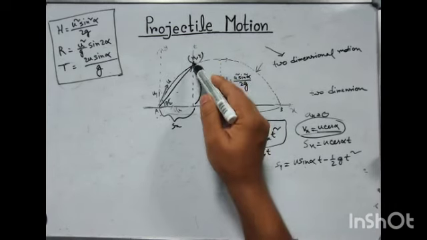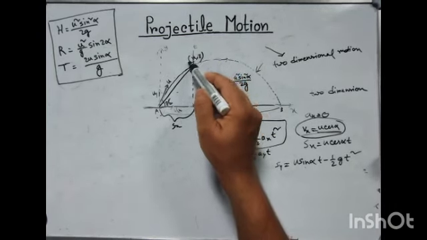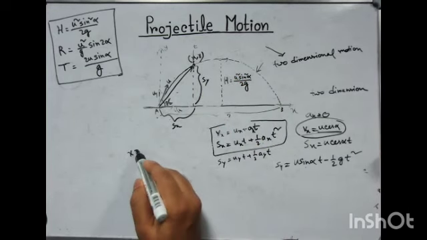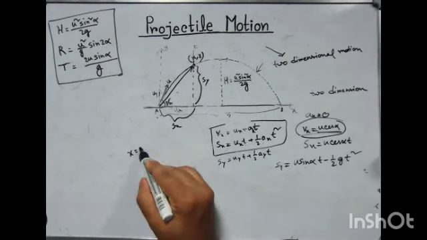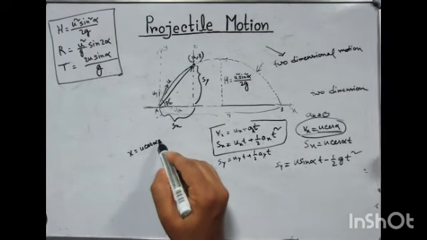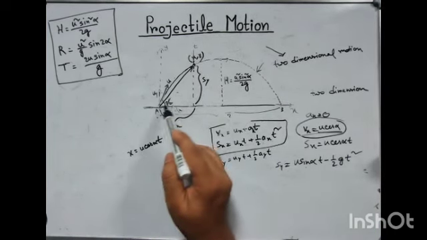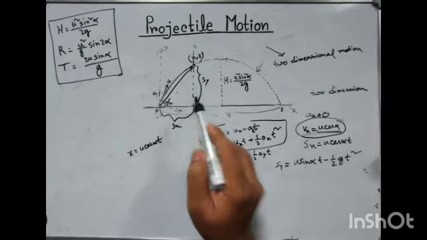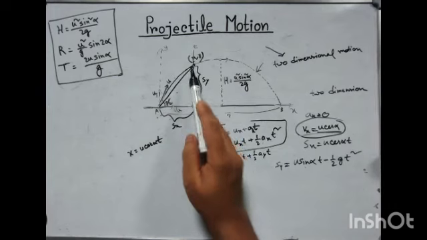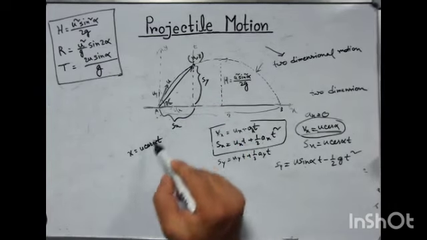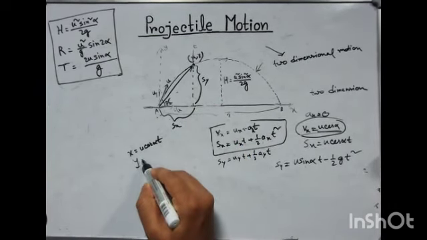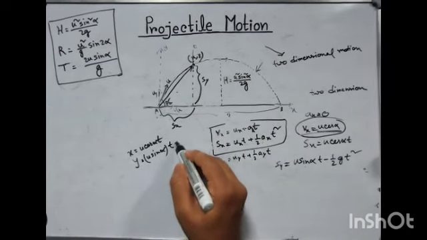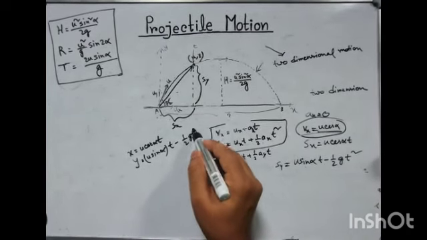So at any time t, suppose the coordinate of that point is x comma y, so x will be u cos alpha into t, because the x coordinate of this point will be the same as sx and the y coordinate of that point will be the same as sy, so y will be u sin alpha into t minus half g t square.